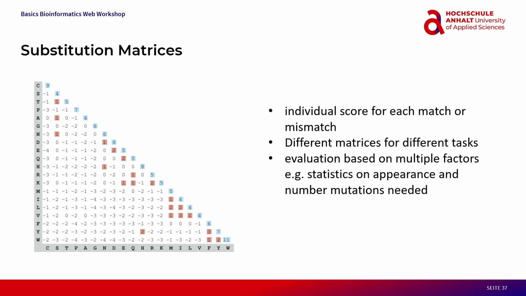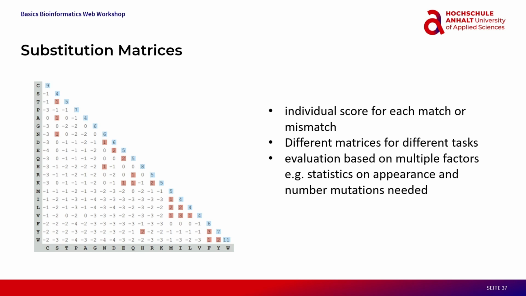However, differences between matrices for protein sequences can be based on theoretical considerations, such as the number of mutations needed to convert an amino acid or the physicochemical properties of the compared residues. Not all amino acid pairings are evaluated equally.